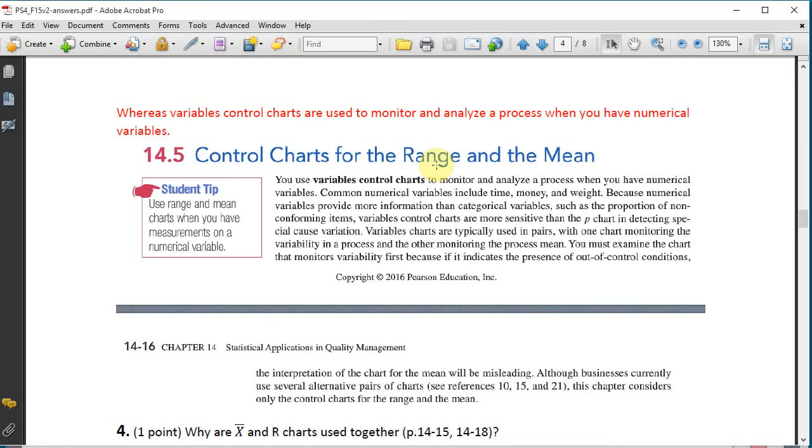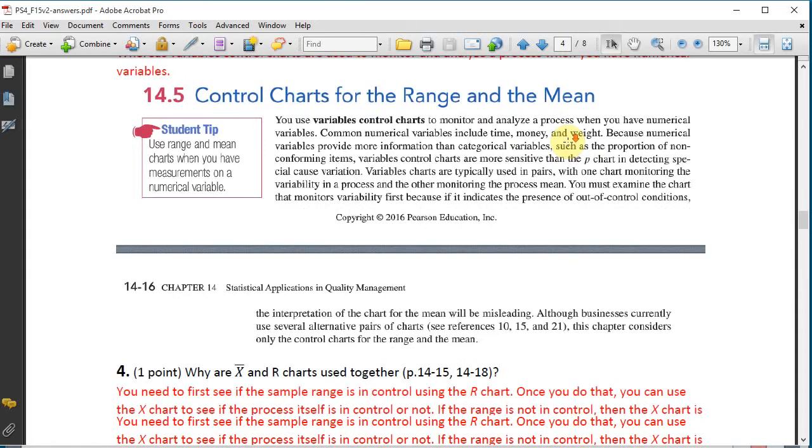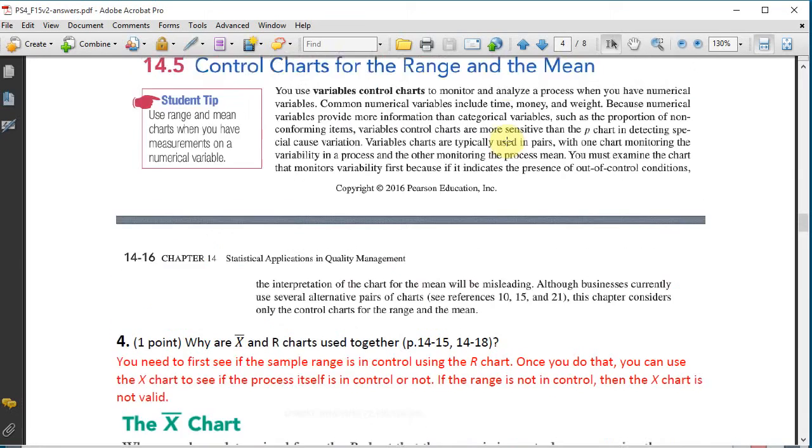If the range isn't in control, then the X bar chart doesn't really mean much, because it's not normal. So we use the range chart to make sure the range is in control, and we use the mean chart to make sure that's in control. So question 4 in these concepts, why are X bar and R charts used together? Well, I answered that up here.